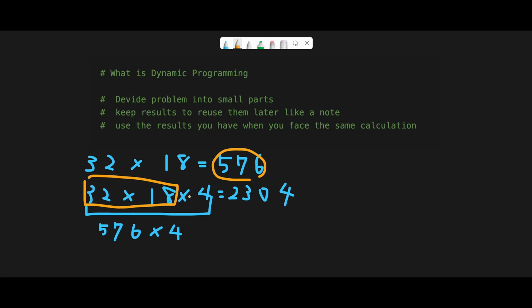So I used three numbers here, but what if the numbers are like 1,000 or millions? So it's very time consuming, right? That's why we have to keep the old results for computers, like a note. So that's why I said like a note. Yeah, and that is a basic image of dynamic programming.